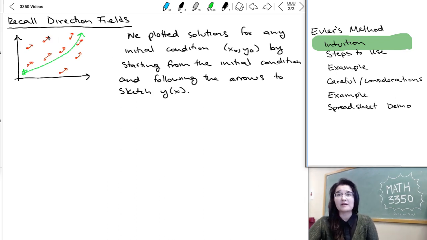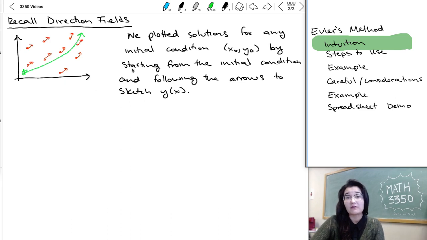So that's what that process was. For a given initial condition, we followed the direction of the arrows, and we generated an approximation of the differential equation.